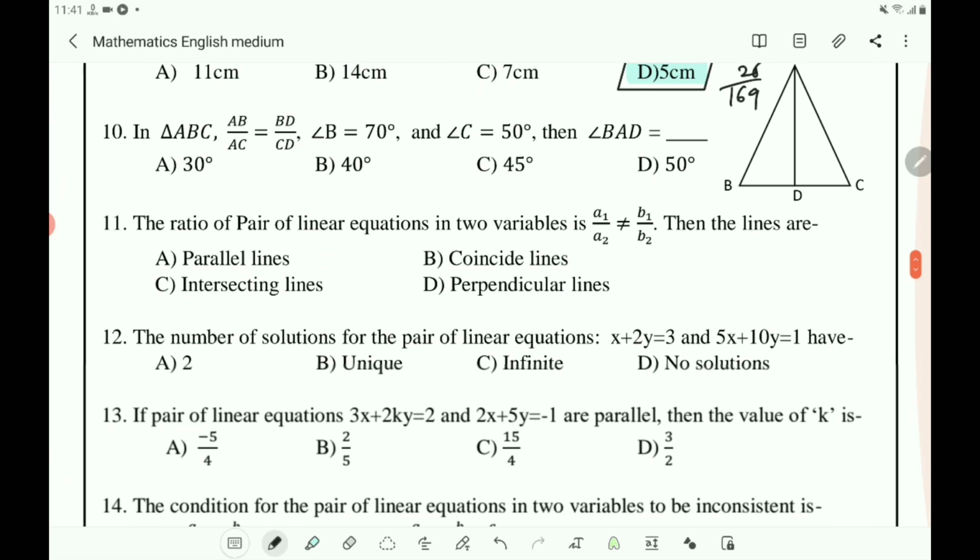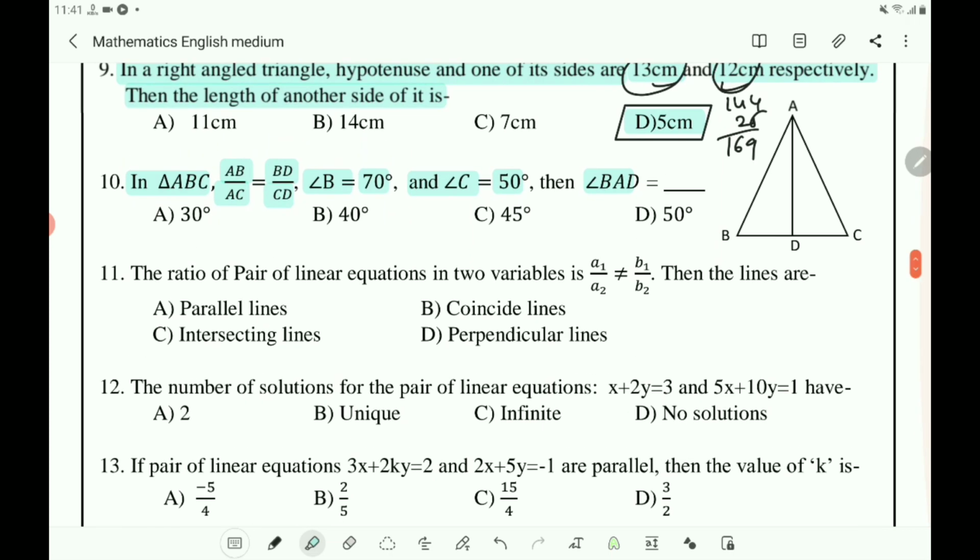Next you take question number 10. In triangle ABC, AB by AC equals BD by CD, angle B equals 70 degree and angle C equals 50 degree, then angle BAD equals. Here what is given? Angle B equals 70 degree. Angle C equals 50 degree.